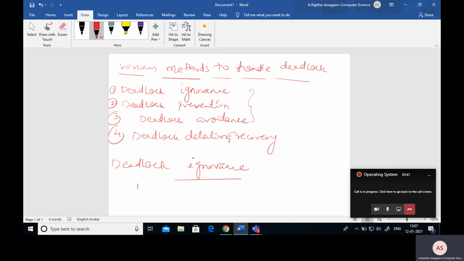If two or more processes try to access the same resource at a time, deadlock occurs.